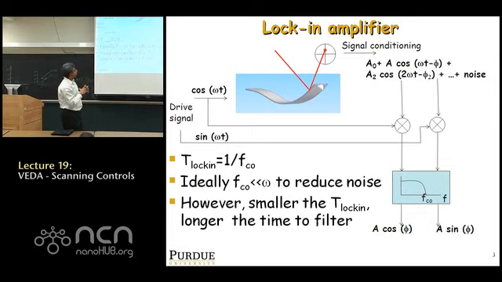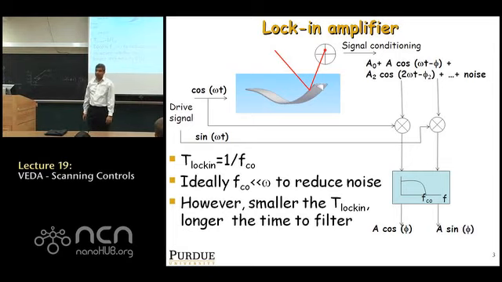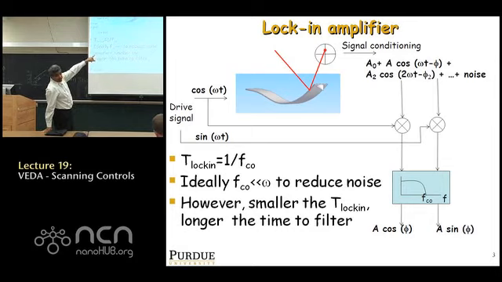So when I low-pass filter this signal, I get effectively A cosine phi, which, if you think about it, is the coefficient of the term cosine omega t. What multiplies cosine omega t in the signal up there is really A cosine phi. That's what comes out here.